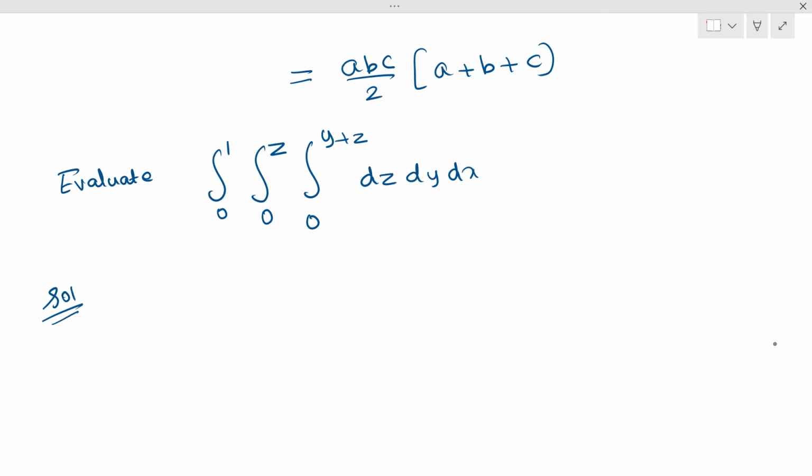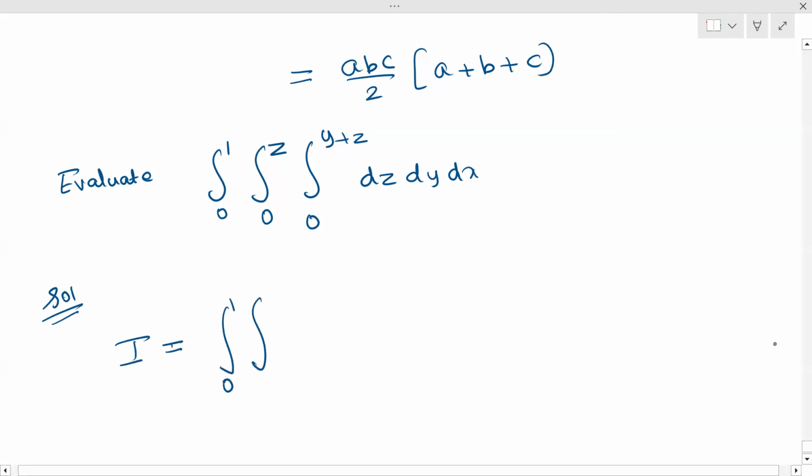See here, the outer integration limit is constant. The inner and middle integration limits are variables, so write I equal to, write the limit. Here the middle integration is with respect to z.